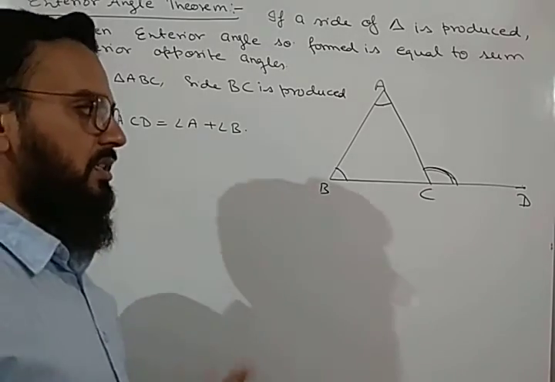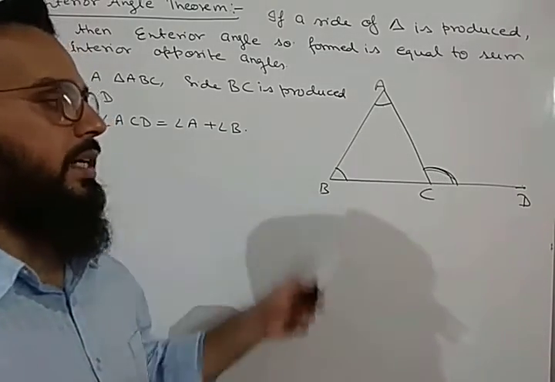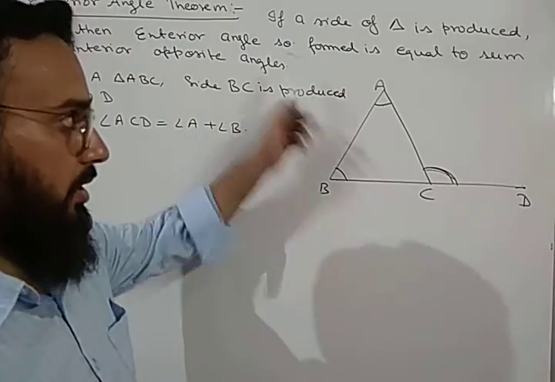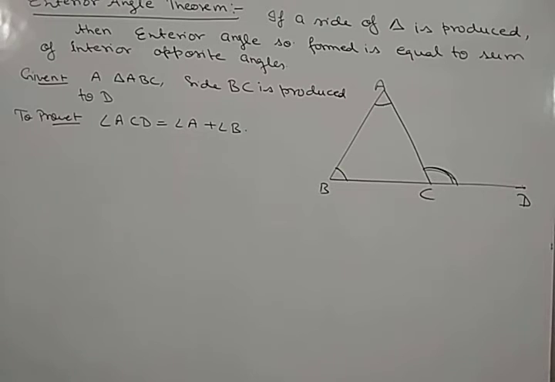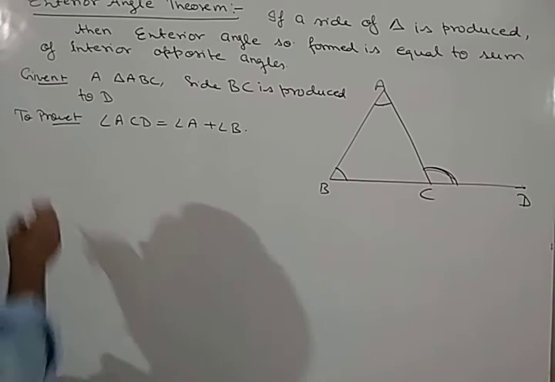This thing we have to prove. Okay, we have already discussed what an exterior angle is and what interior opposite angles are. Now this is our theorem. Exterior angle is equal to the sum of interior opposite angles. So we are going to start the proof. Okay, let us start the proving.